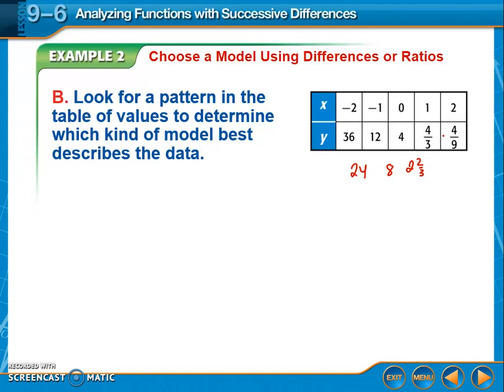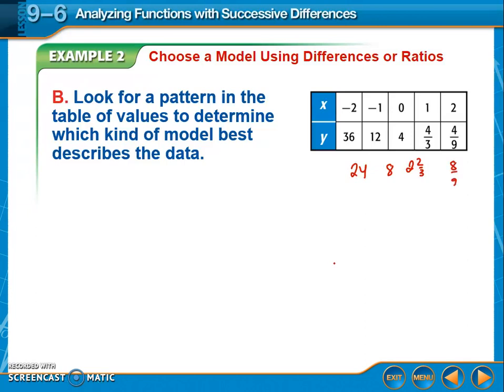Okay, and from 1 1/3, so 1.333 minus 4/9, I get 0.888, or 8/9.